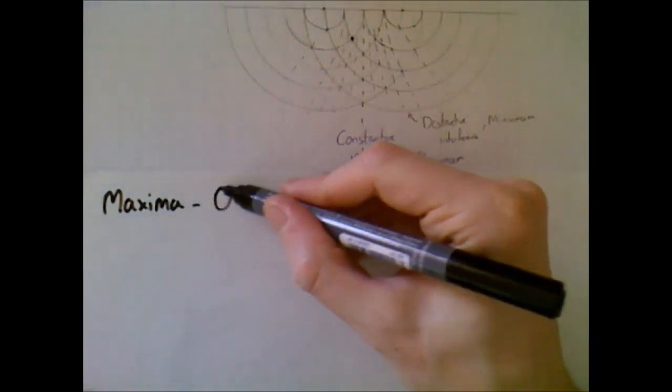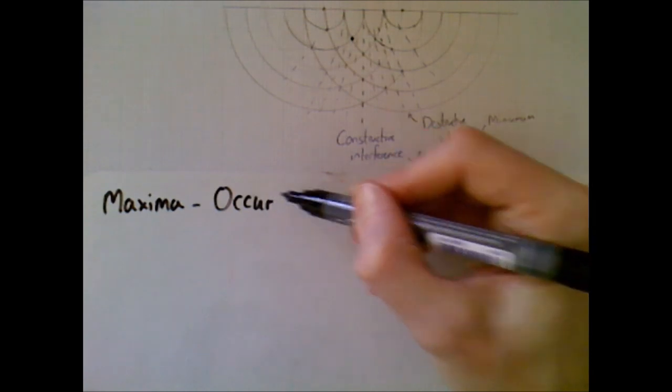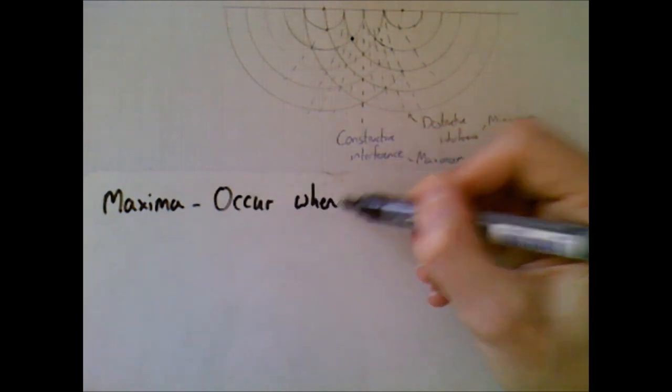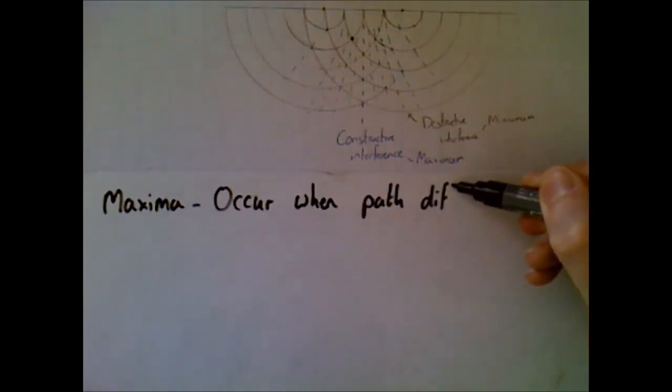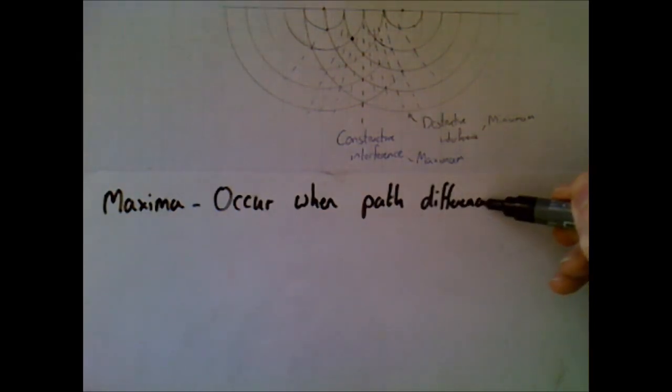So maxima are going to occur when the path difference is an integer number of wavelengths. n here is just an integer, so it could be 0, 1, 2, and so on.